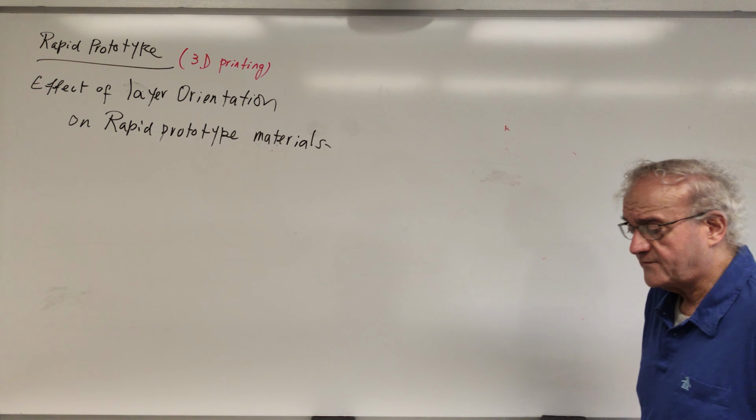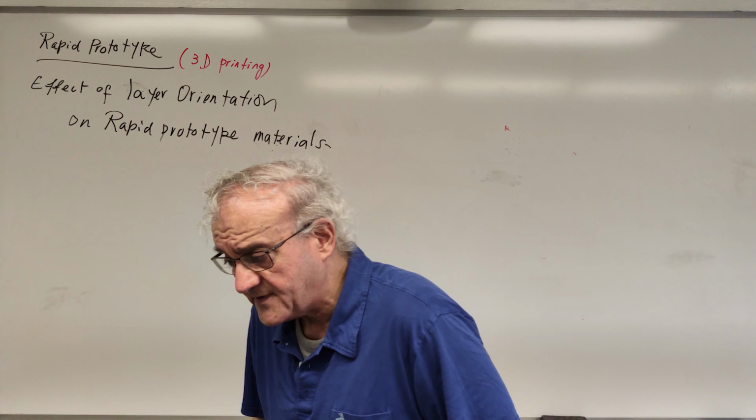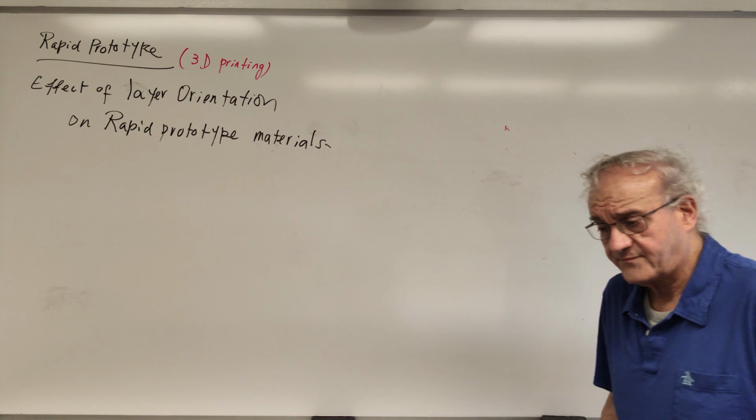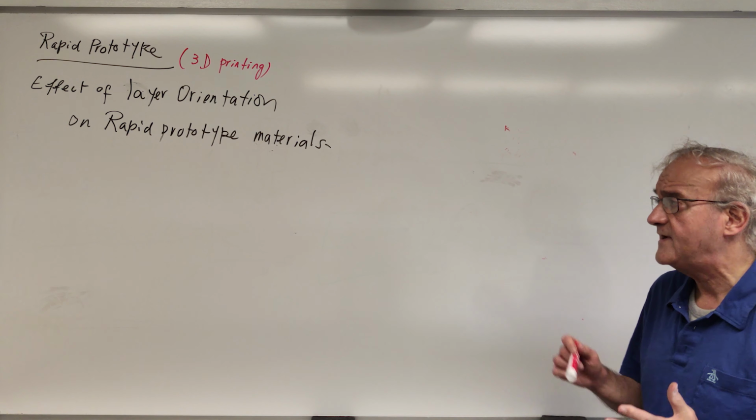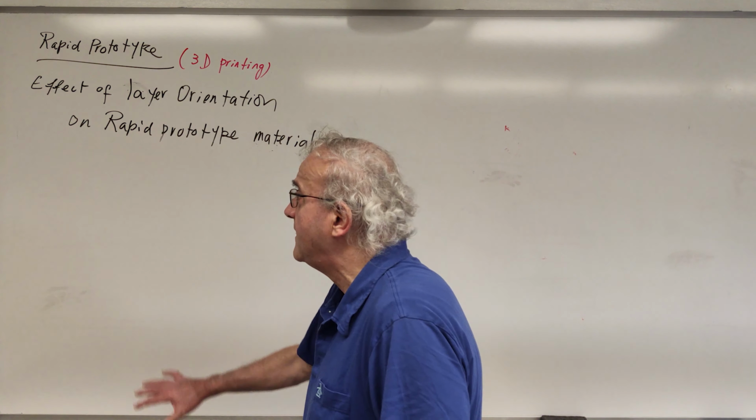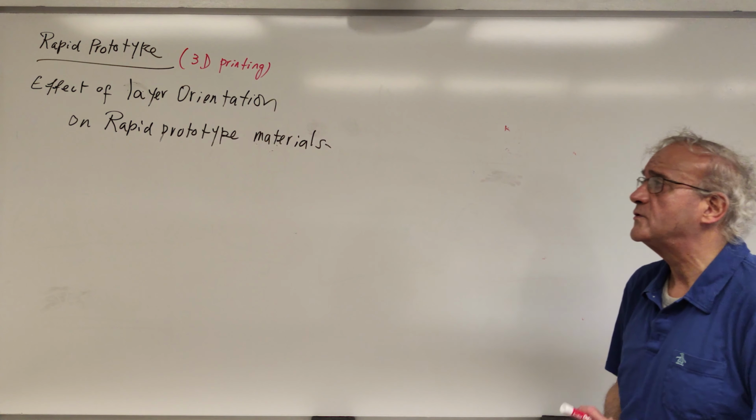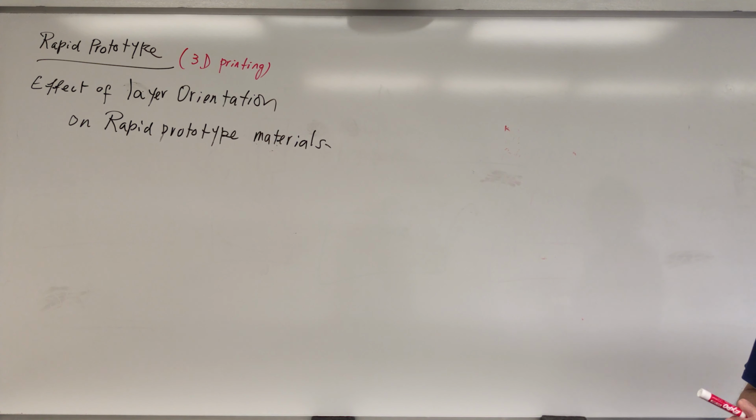We are doing one of the projects on 3D printing of aluminum, and we're going to also do other projects on 3D printing of titanium and nickel. But today we're going to talk about the rapid prototype behavior of 3D printing of polymers.